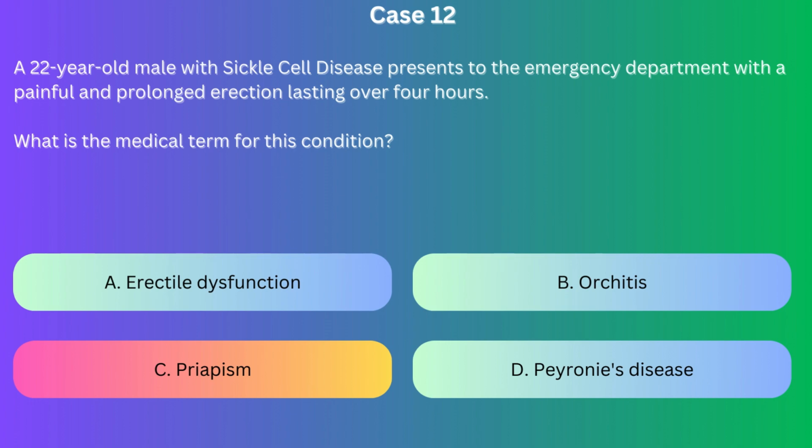Peyronie's disease is a condition in which fibrous scar tissue forms in the deeper tissues under the skin of the penis. Orchitis is an inflammation of one or both testicles. Erectile dysfunction, also known as impotence, is defined by difficulty getting and keeping an erection.